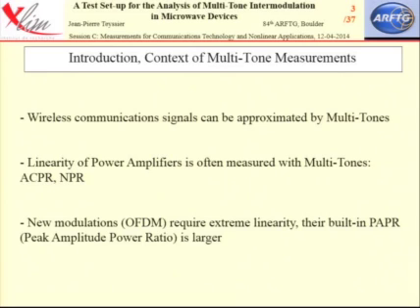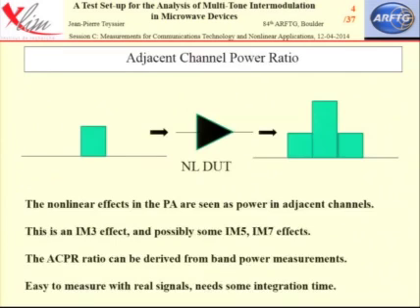So it's very common to measure linearity of power amplifiers or maybe more things in the system with metrics like ACPR or NPR, adjacent channel power ratio or noise power ratio. And it turns out new modulations like OFDM regard more and more linearity. So it means the built-in peak amplitude power ratio is getting larger.